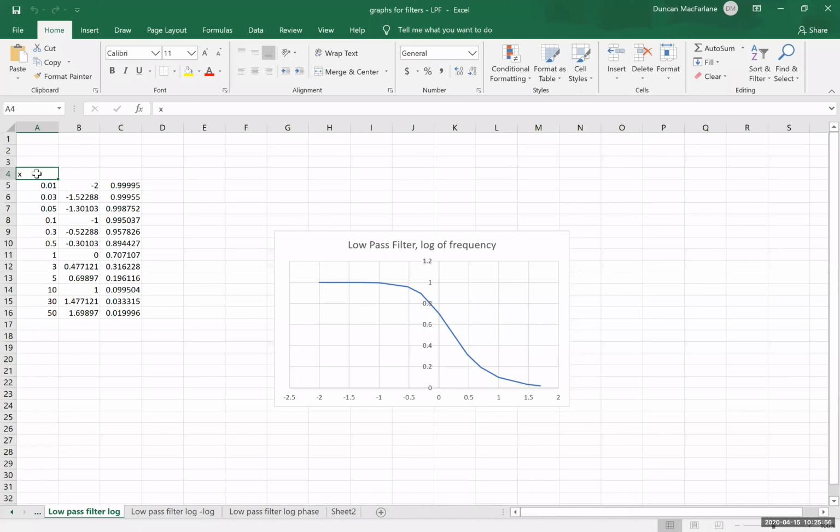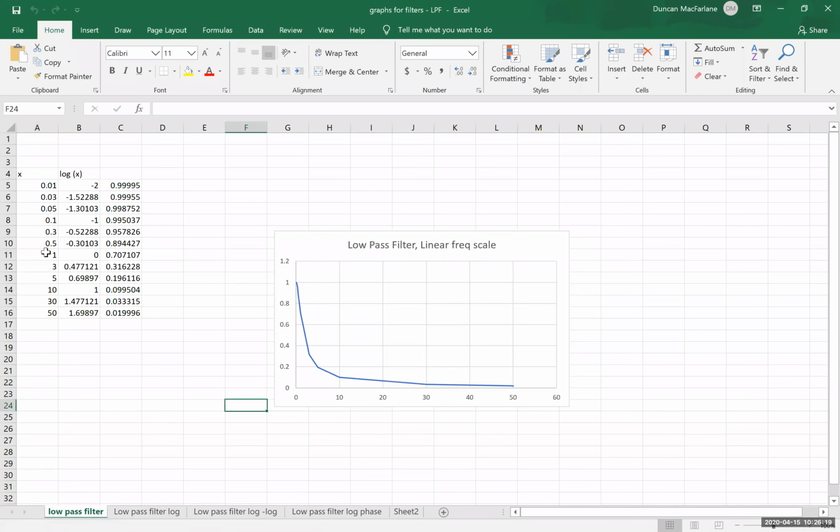That's a term of art. And what that means is this 0.1 in cell A11 is the precise point at which omega is equal to 1 over RC.